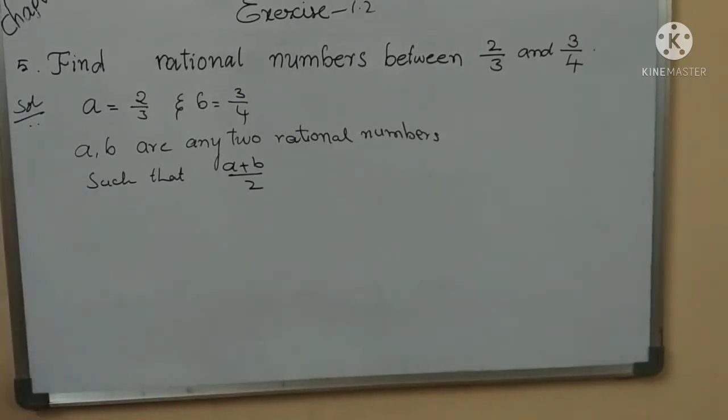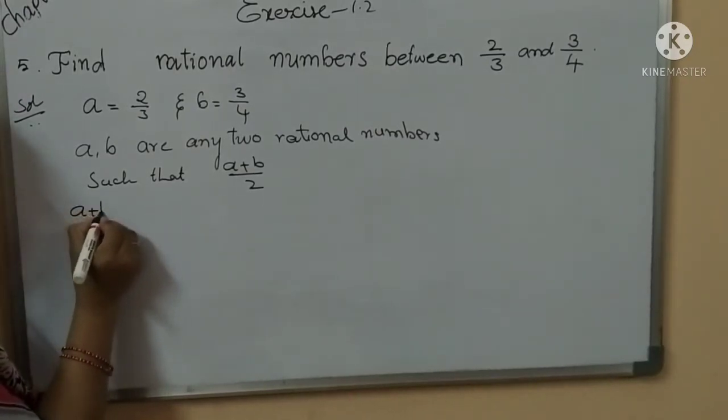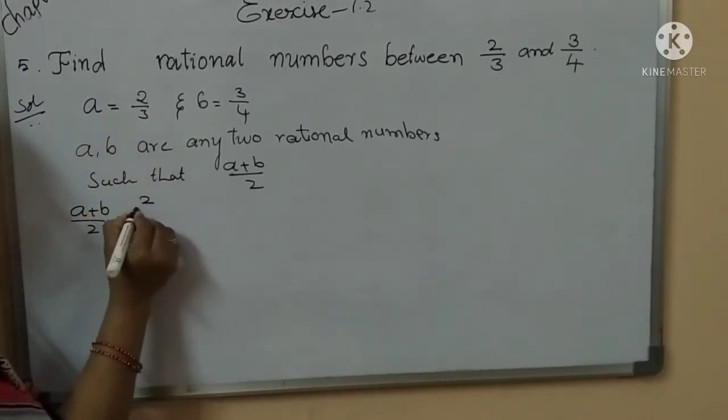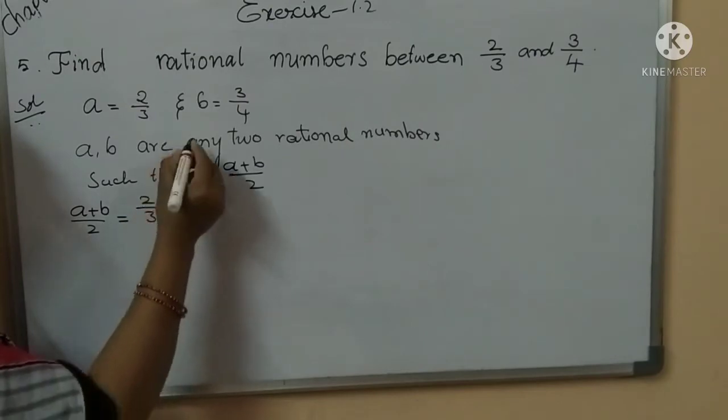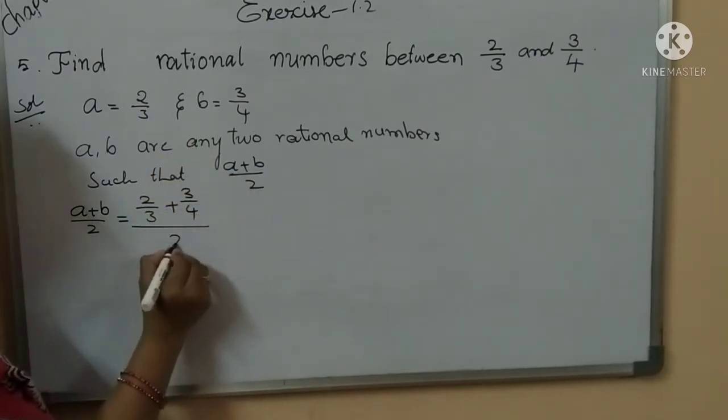What is the formula? A plus b by 2. Then we will substitute a and b. So write a plus b by 2 is equal to, what is a here? 2 by 3, plus what is b here? 3 by 4, all by 2.